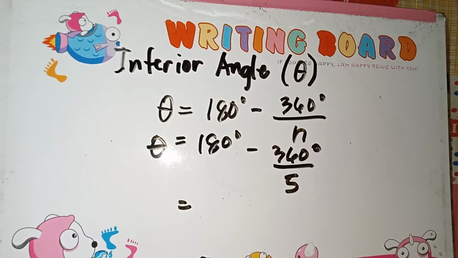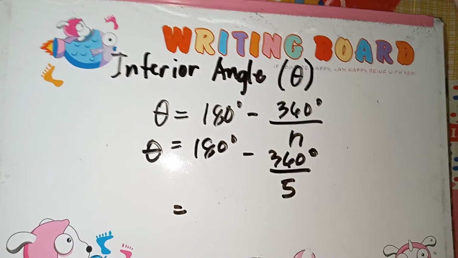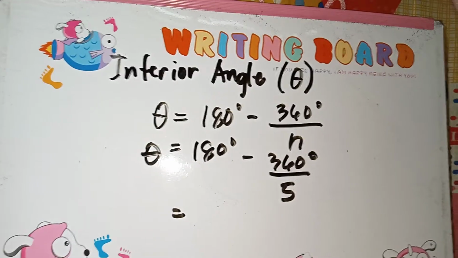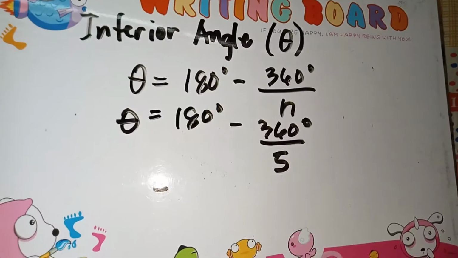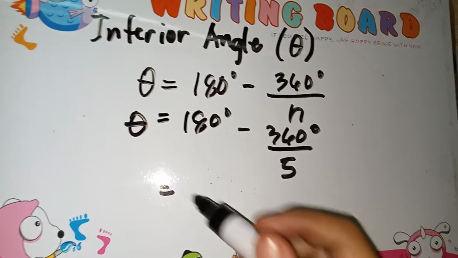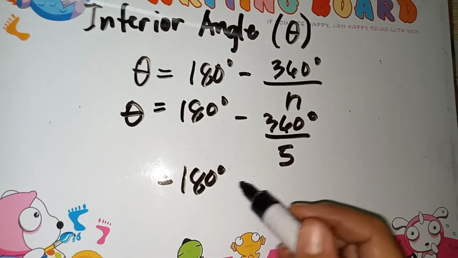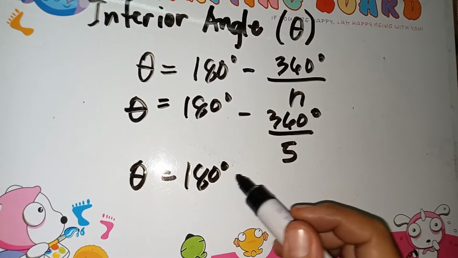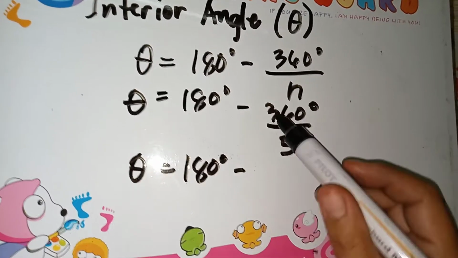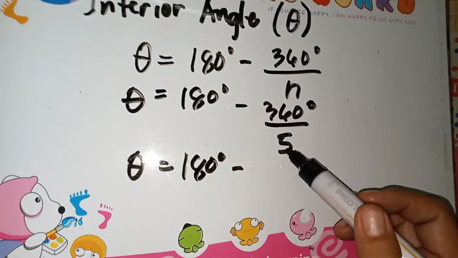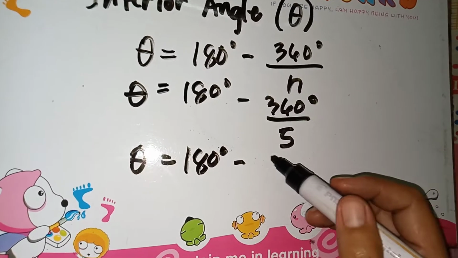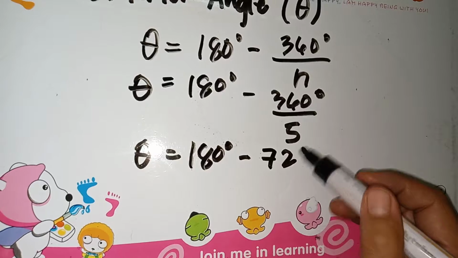So we have theta equal to 180 degrees minus 360 divided by 5, which is 72 degrees.